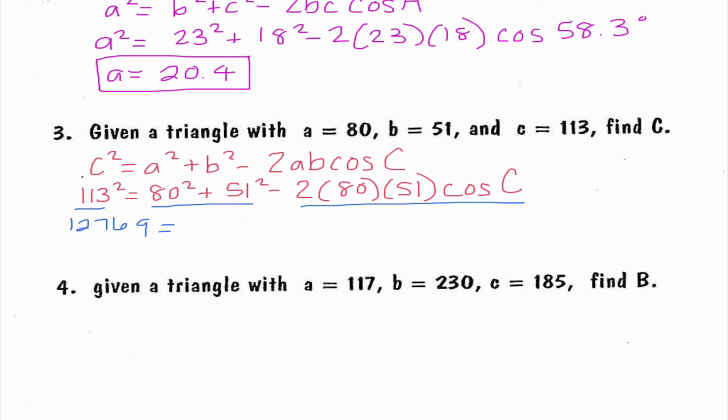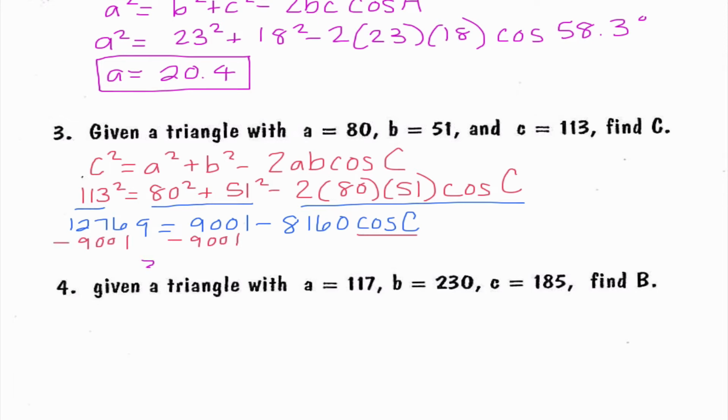And I get 12769 equals 9001 minus 8160 cosine of angle C. So I went ahead and did those 3 parts separately in my calculator. Now I know that my goal is to somehow get cosine of angle C by itself. So I'm going to start by subtracting 9001 from both sides.